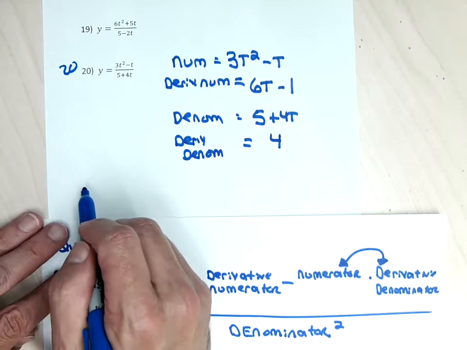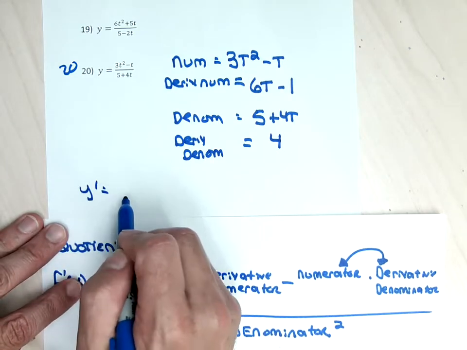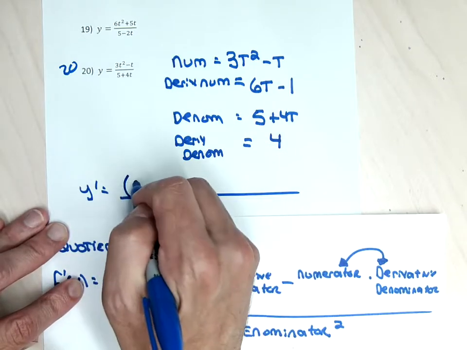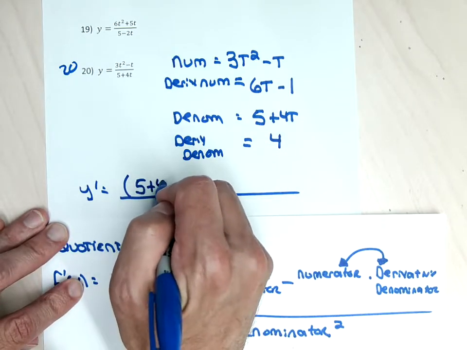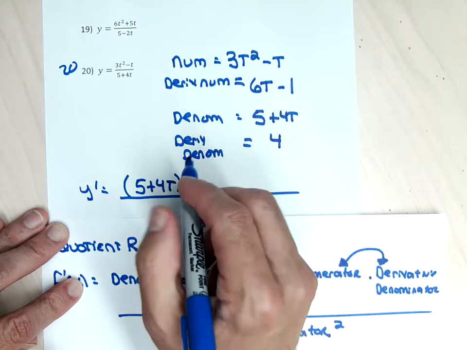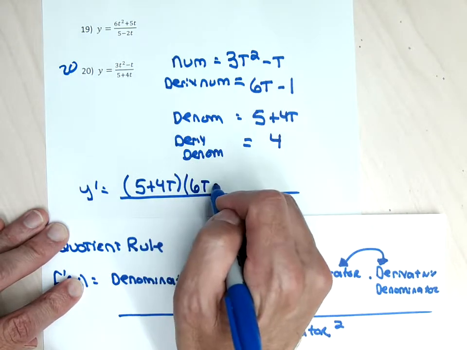So for number 20, I'm going to write y prime equals denominator 5 plus 4t. It's a binomial, so I'll put it in a parentheses, times the derivative of the numerator. It's another binomial. I'll put it in a parentheses.